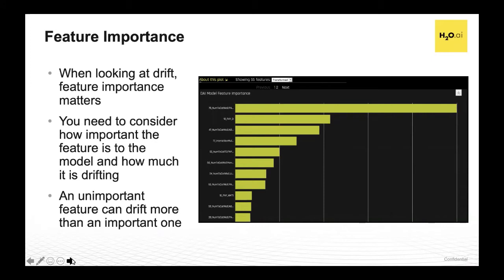If it's a really unimportant feature with a very low contribution to the model's outcome, the fact that it's drifting may not be important. And this is a really important concept, because updating models in production, retraining or refitting them, and running them through the lifecycle process, which we're going to discuss, has consequences. It's expensive.